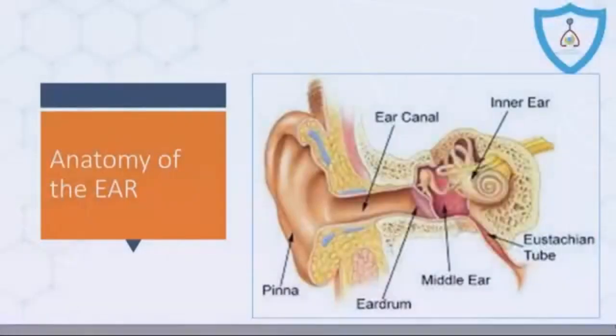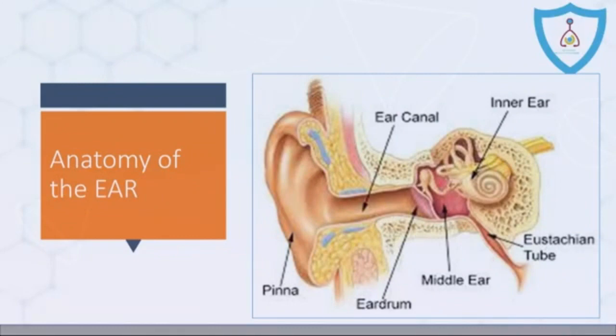And now I want us to move to another important special sense, and that is hearing and balance. So this is coordinated by the human ear, and this is how the human ear looks like.